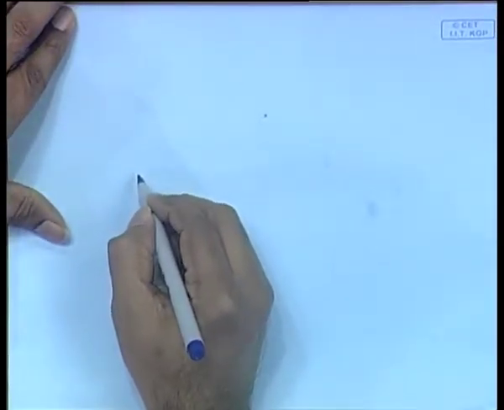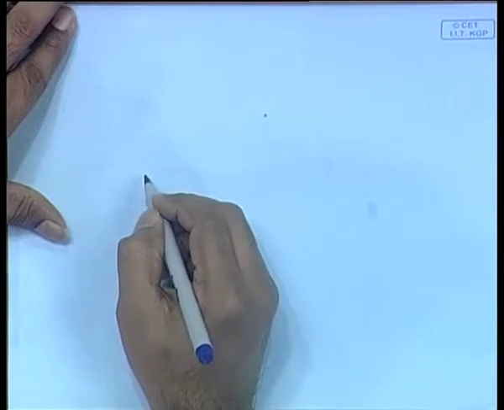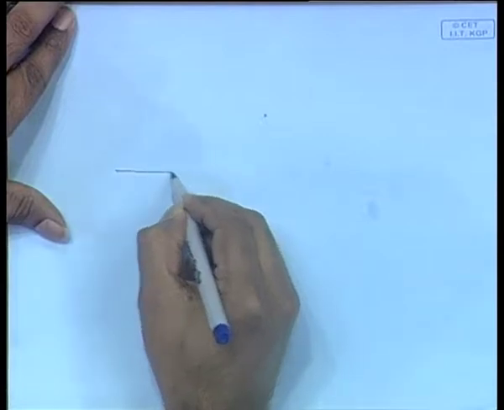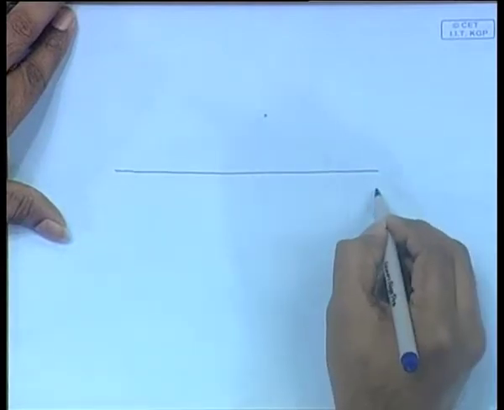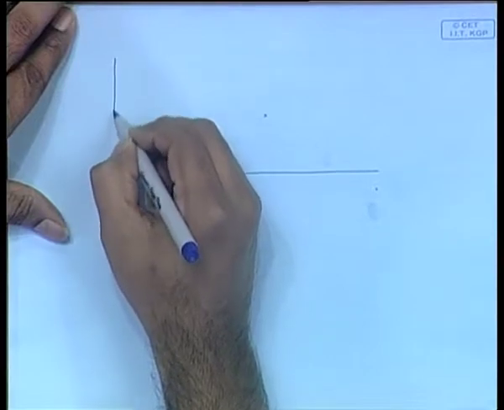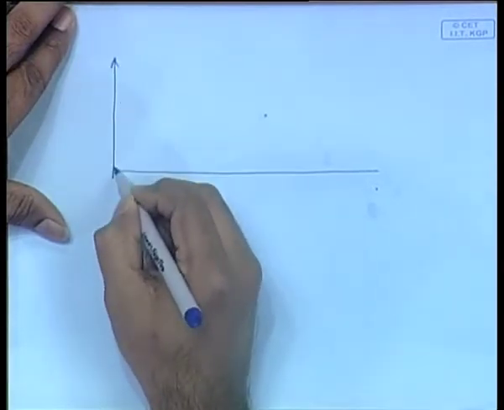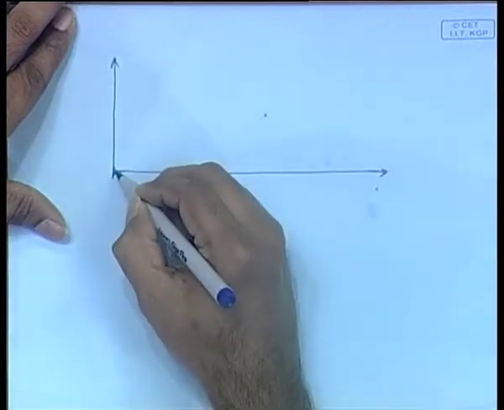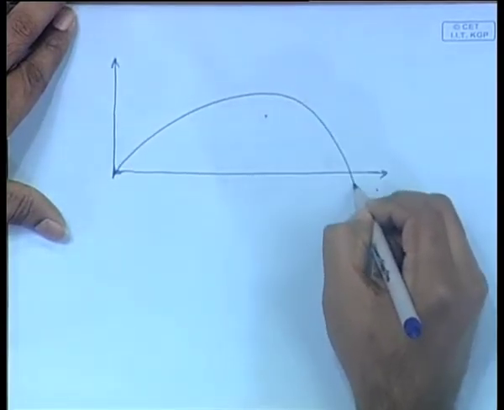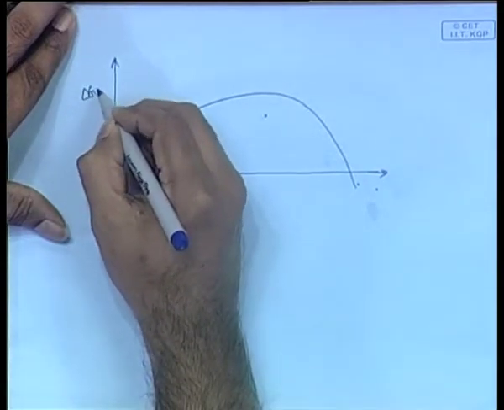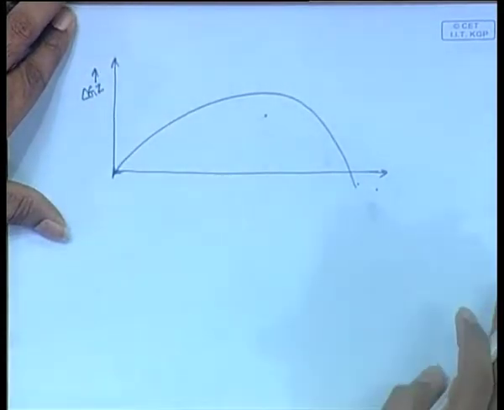So, initially you have your GZ curve. So, let us draw first the delta GZ curve, which is the displacement into righting arm.